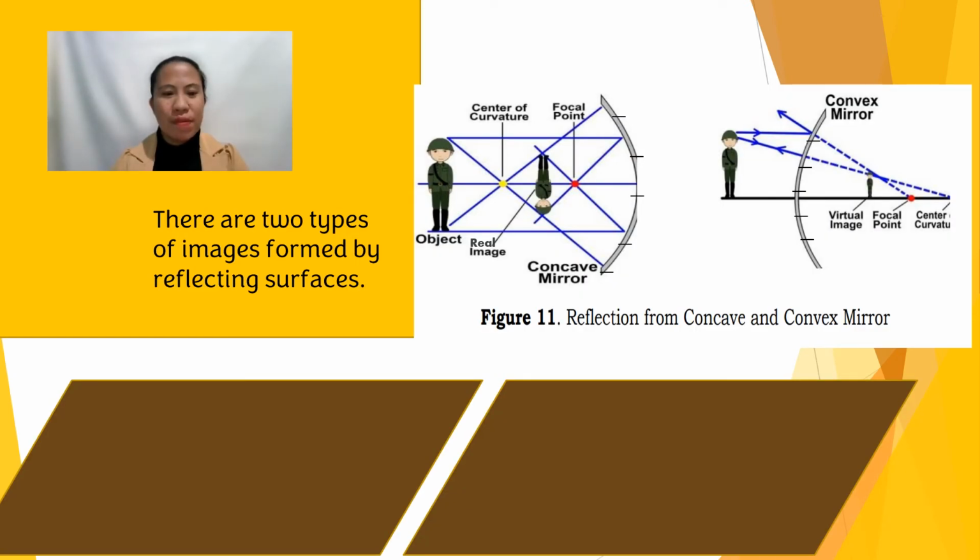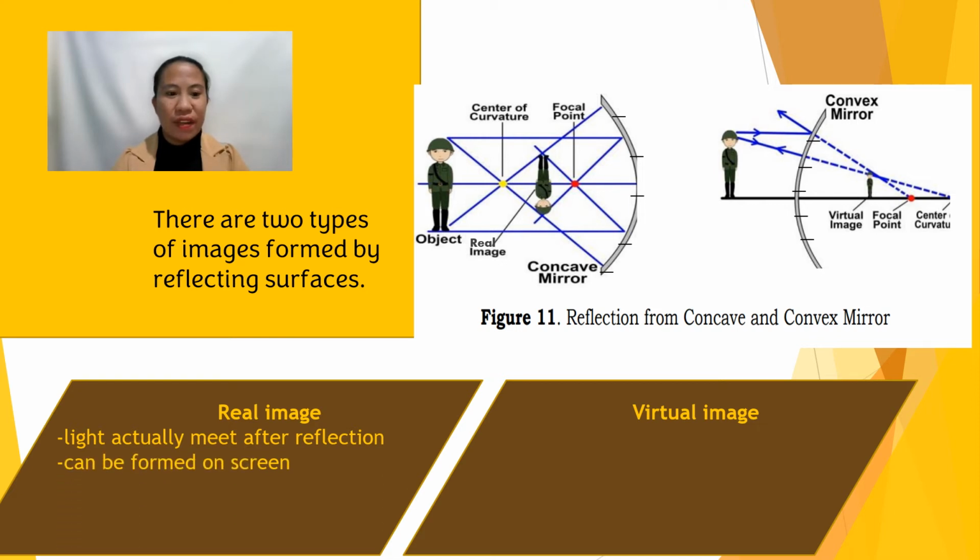There are 2 types of images formed in spherical reflecting surfaces, the real image and then the virtual image. Real image is formed when light actually meet after reflection. It could be formed on screen and inverted with respect to the object.